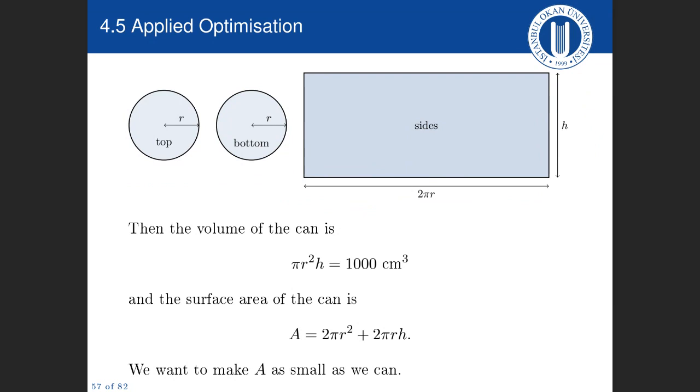What can we say? The volume is 1 liter or 1,000 cubic centimeters, and the volume of a cylinder of radius R and height H is pi R squared.